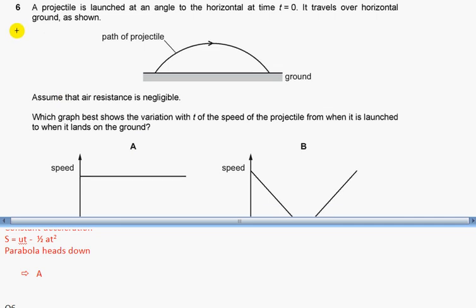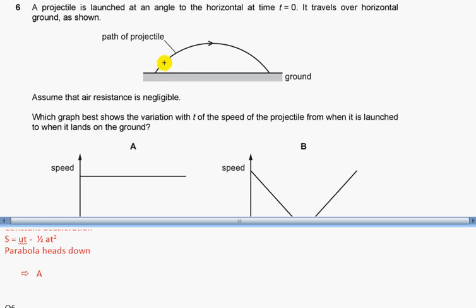Question 6. A projectile is launched at an angle to horizontal at time t0. It travels over horizontal ground as shown. Assume that resistance is negligible. Which graph best shows the variation with time of the speed of the projectile from when it is launched to when it lands? So speed consists of two components, horizontal and vertical. Horizontal doesn't change.